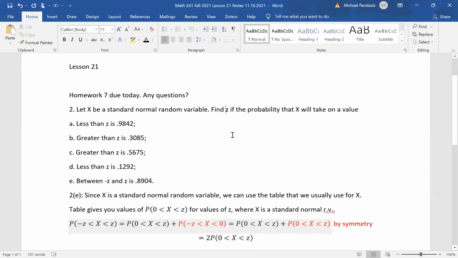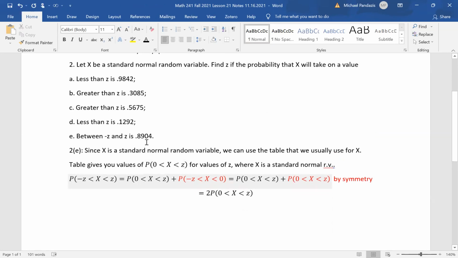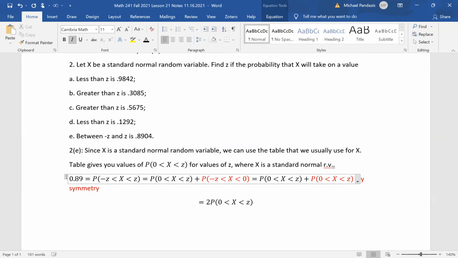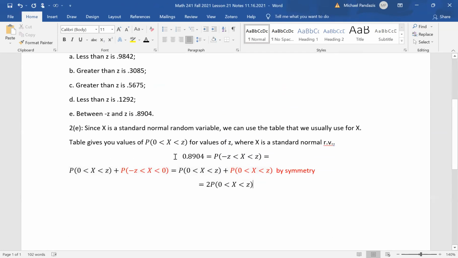So we want to find the value of little z, if the probability that X will take on a value between negative z and z is 0.8904. So the value of this probability is 0.8904. We found that this number 0.8904 is equal to 2 times this probability.